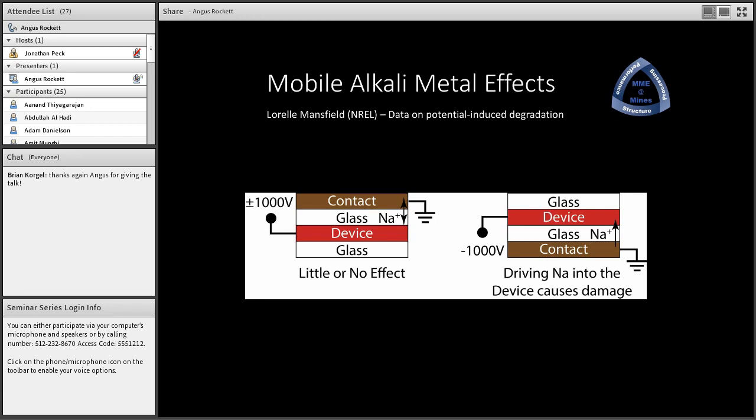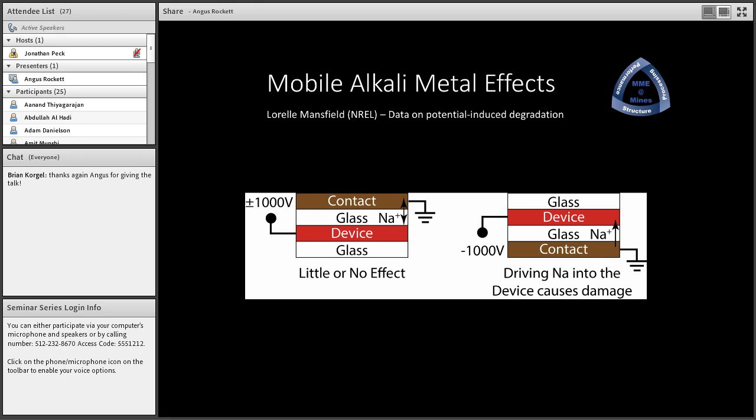And just to summarize Laurel's results, if you have a bias between the front side of the device, in other words, the transparent conductor or the zinc oxide side, and the exterior of the device, plus and minus 1,000 volt bias to the device relative to that exterior surface, you don't have any particular effect.